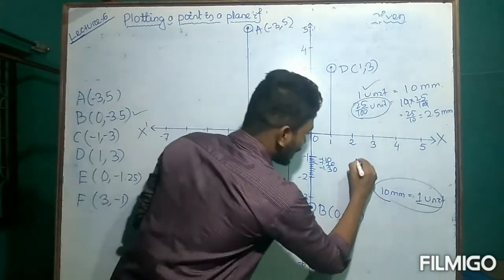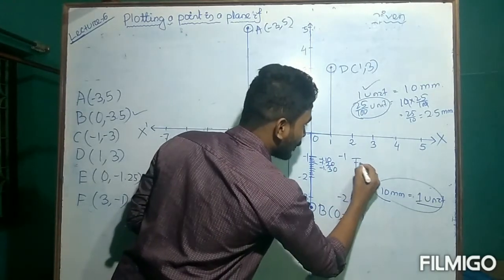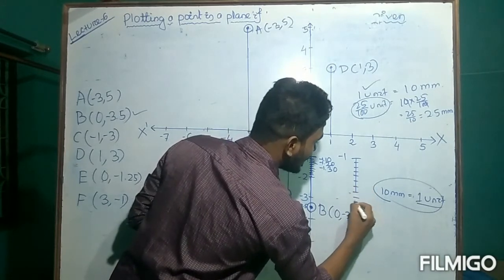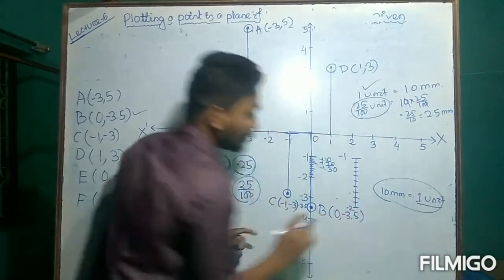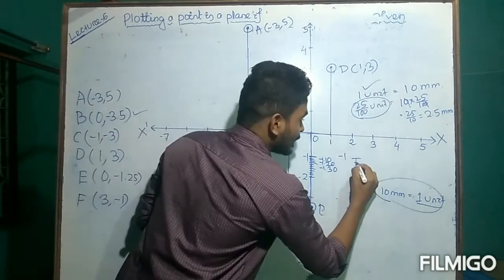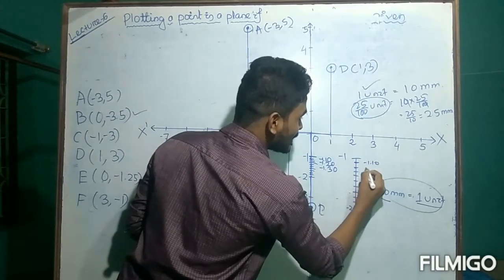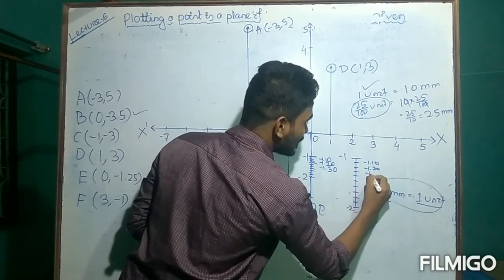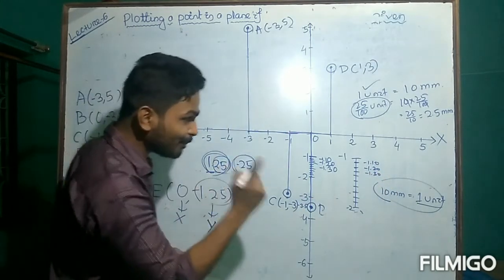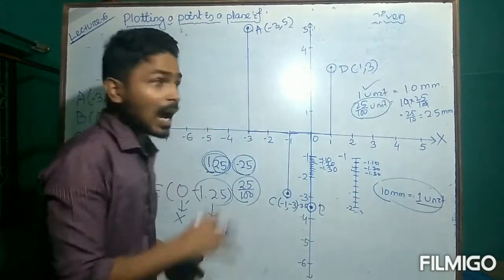Suppose I am writing this: this is minus 1, this is minus 2, and the 9 lines in between. This point represents minus 1.10, this point represents minus 1.20, this point represents minus 1.30. You have to find minus 1.25. That means it should lie between these points.